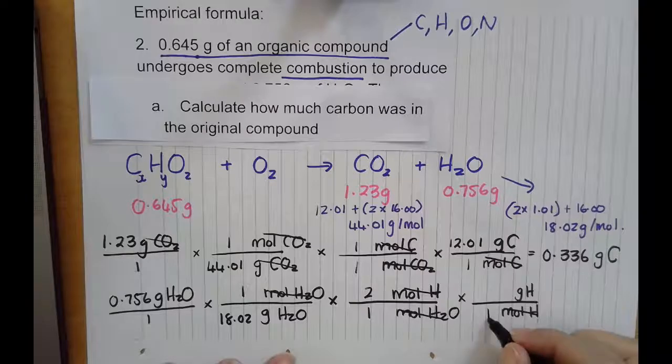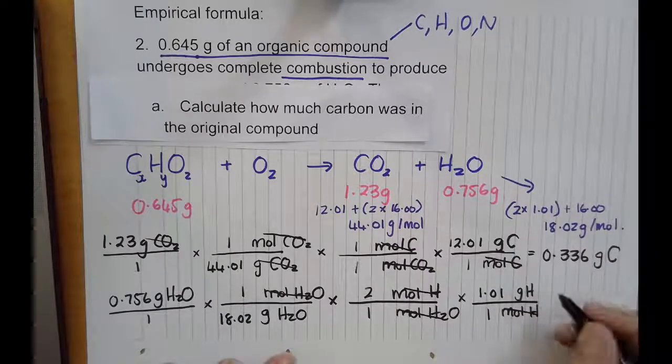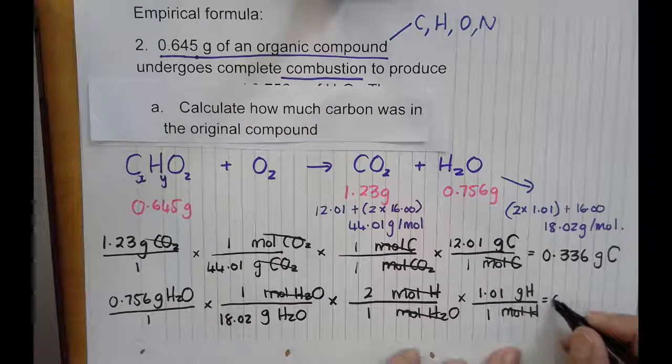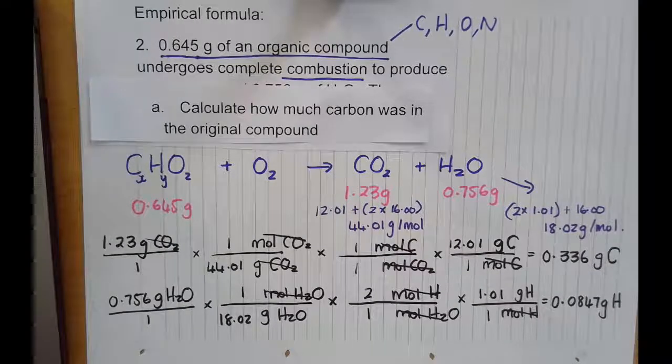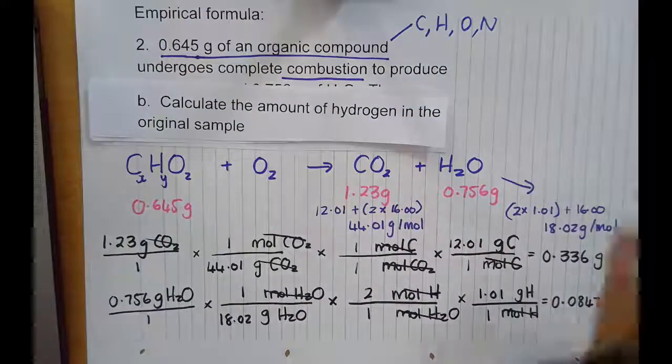I know that in 1 mole of hydrogen, I have 1.01 grams of hydrogen. Put that in your calculator and you'll get a final answer of 0.0847 grams of H. So now I've determined how many grams of hydrogen I have. It means I've also answered the second part of the question, B, calculate the amount of hydrogen.